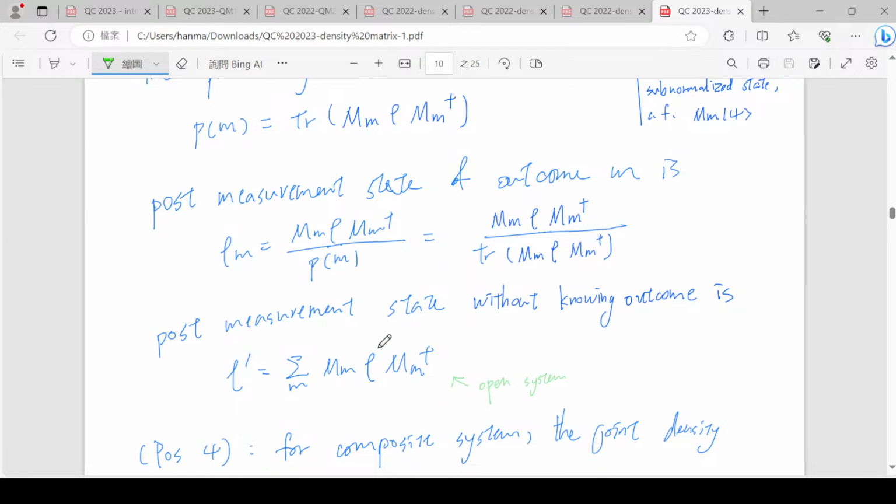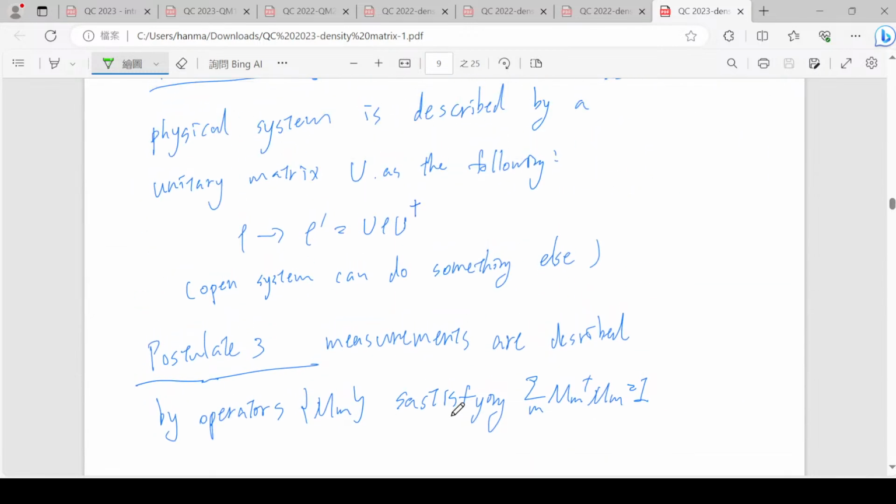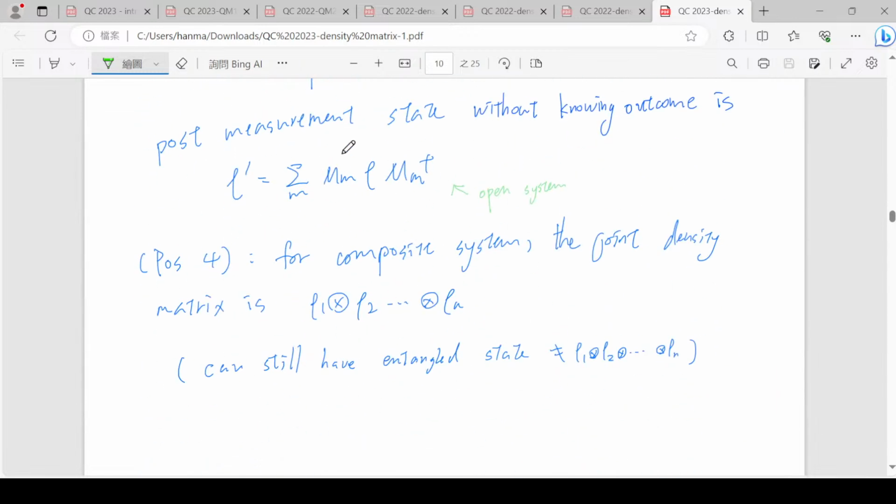This is basically the form of how the state will evolve under an open system, but we will not go into detail. We can just look at this for a little bit. You can see there's a little difference. Before you had U and U dagger, before and after, and here you have quite arbitrary M and M dagger, and you also sum over the small m.